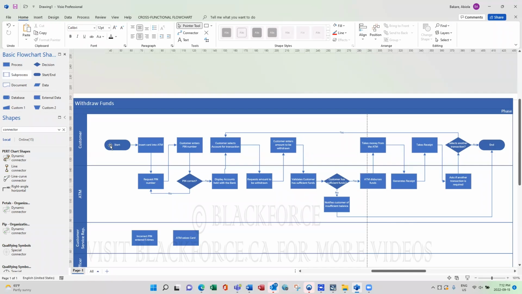Every shape apart from start has an arrow going into it. Everything apart from the decision diamond has one arrow coming out, because the decision diamond is making a decision, positive or negative.